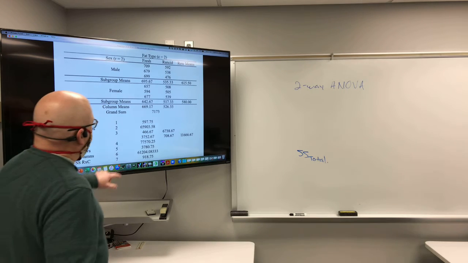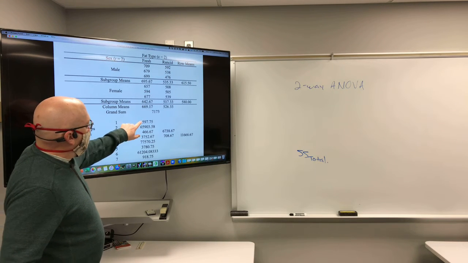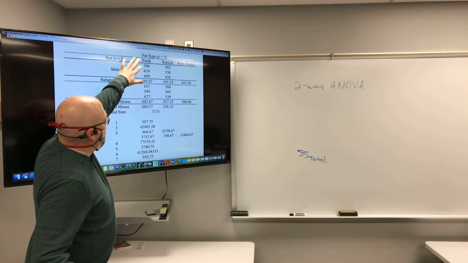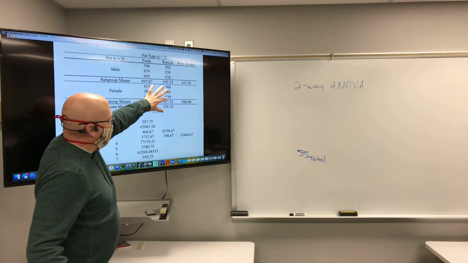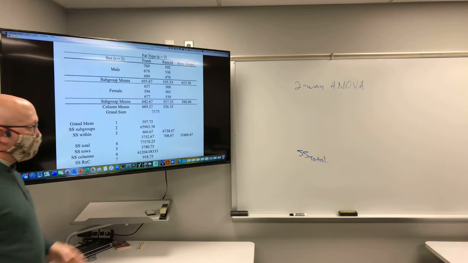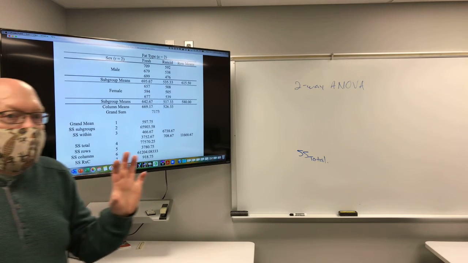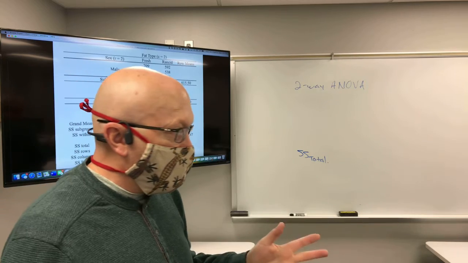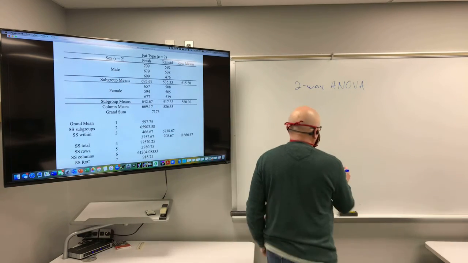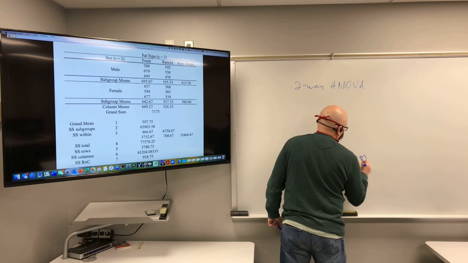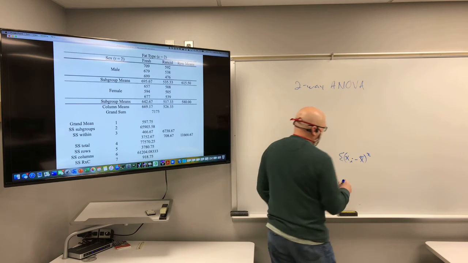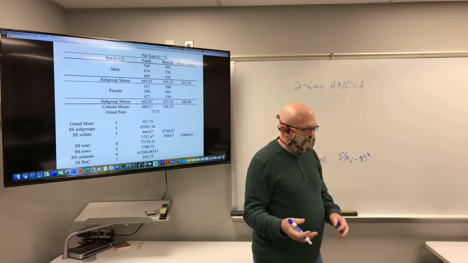Sum squares total is calculated the same way that you would calculate sum squares total in a single factor analysis of variance. You find out what the grand mean is, and then you subtract that grand mean from each of the individual values, all of them, in this case, all 12 of them, and you square that difference. So it's the difference between the individual values and the grand mean squared, added up across all of the treatments that you have.